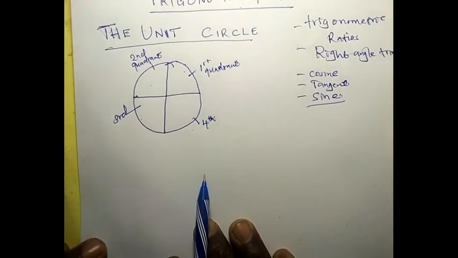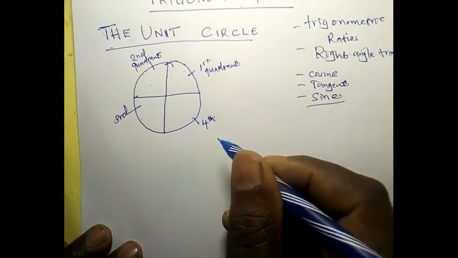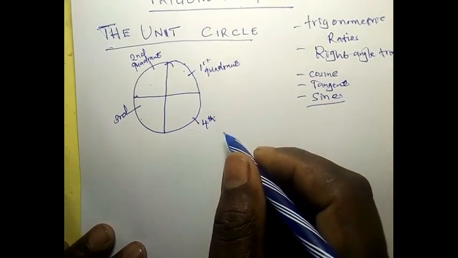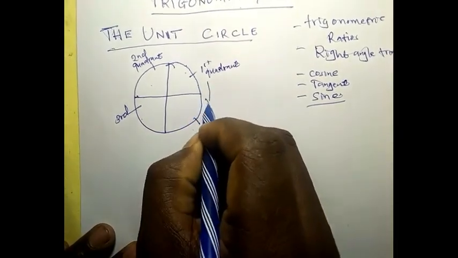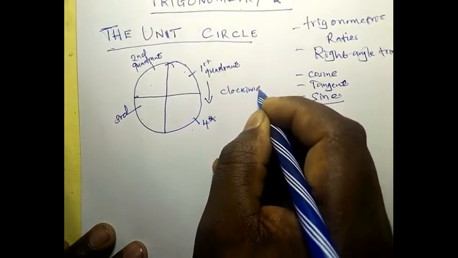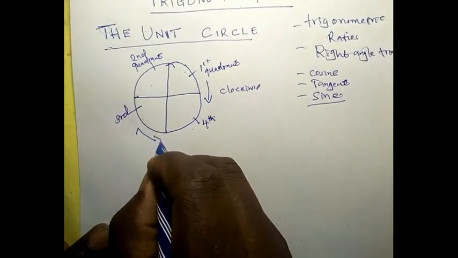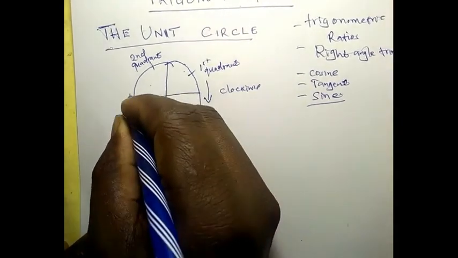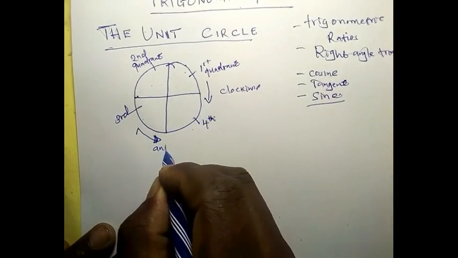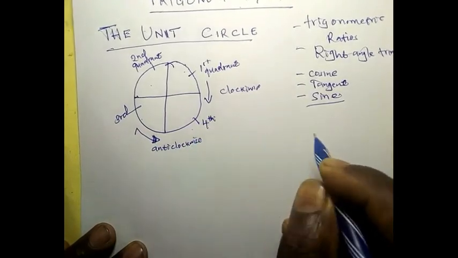Right? Now, you know how the wall clock works. This direction is called clockwise, and this direction, when you go this way, is called anti-clockwise. Very important to know.